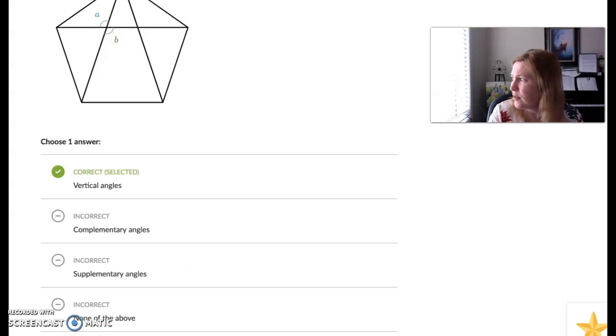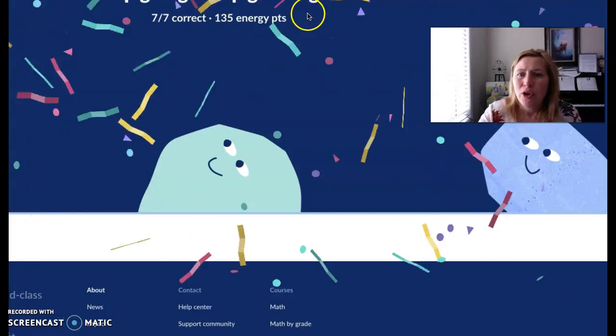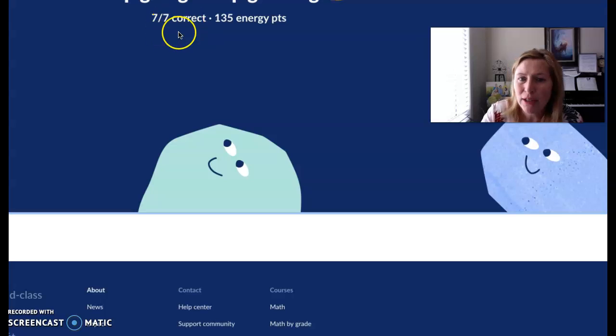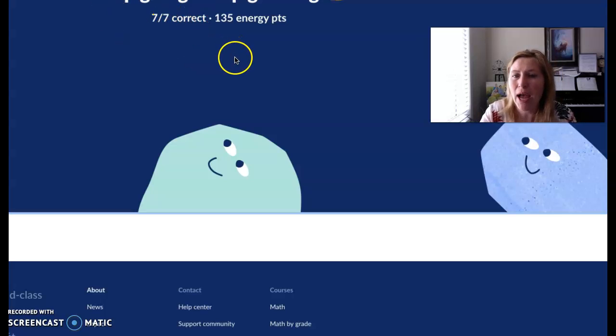Okay, now this is what you need to do. Once you get to this point and it tells you what you got, you need to take a picture of this so that I can see that you've done it, and then that's what you submit. You can do it on email, you can do it on chat. Some of you are just dragging it onto chat, and I can give you credit for that. Just upload it to the assignment.